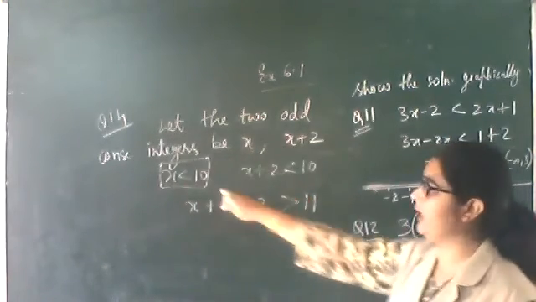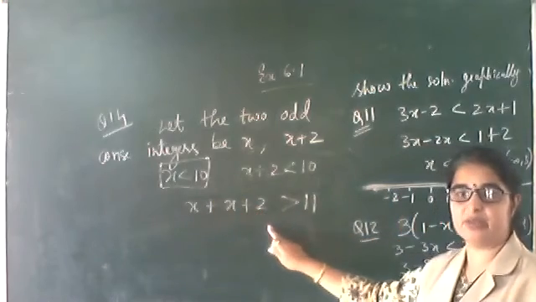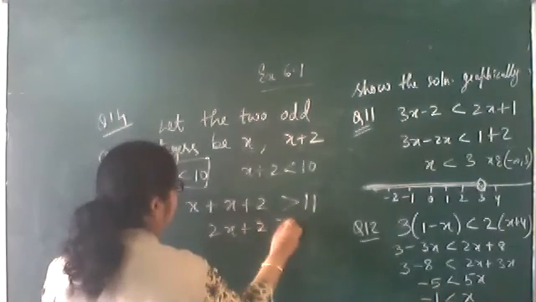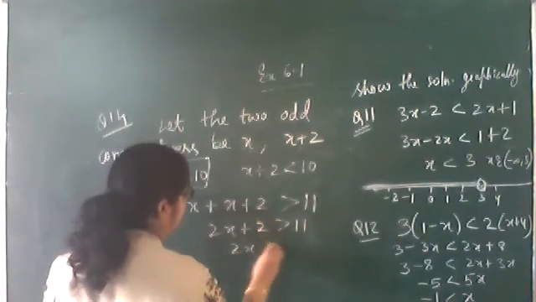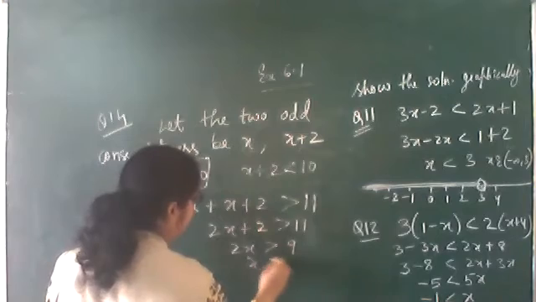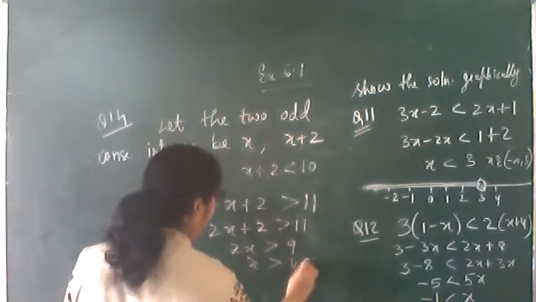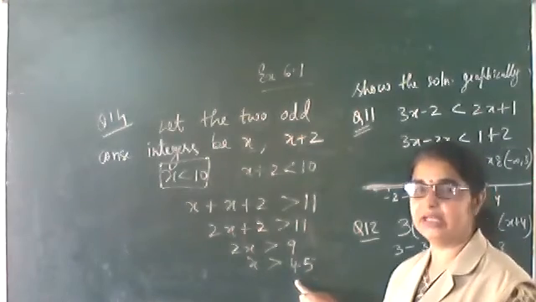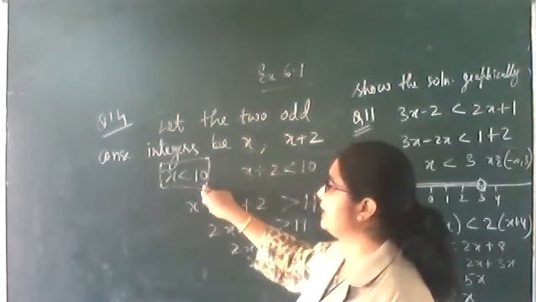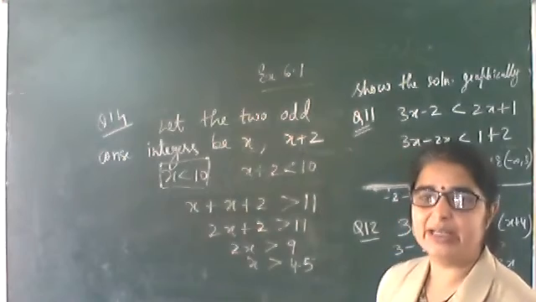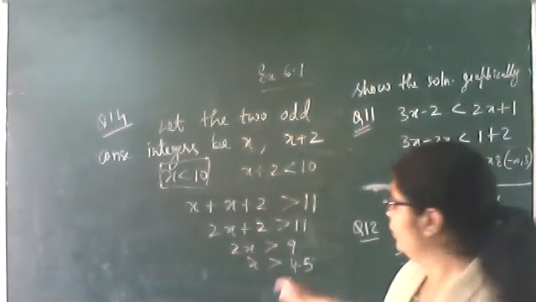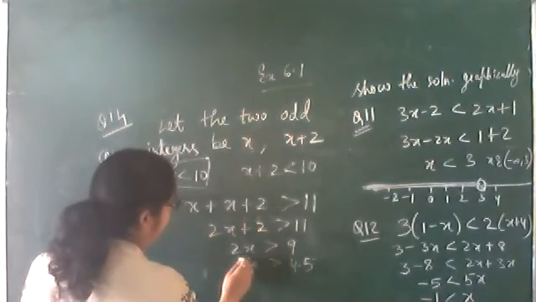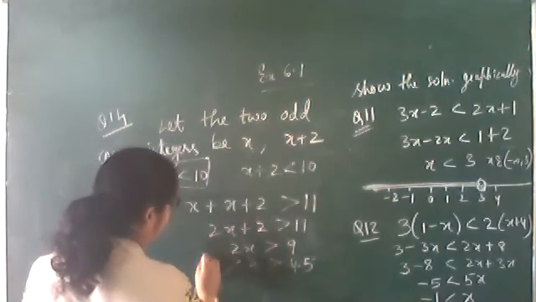So we have two conditions: x is less than 10 and x plus 2 is greater than 11. So we can write 2x plus 2 is greater than 11, or 2x is greater than 11 minus 2, which is 9, or x is greater than 9 by 2, that is 4.5. x is greater than 4.5. x is greater than 4.5 or we can say x is less than 10. Now which integers, odd integers, do we get? Combine both conditions. We can write x is greater than 4.5 and x is less than 10.